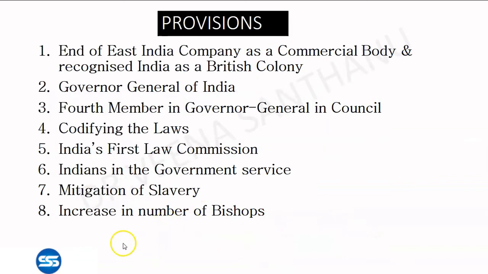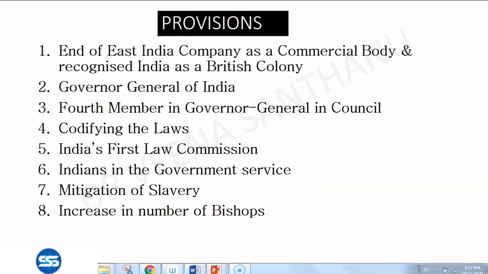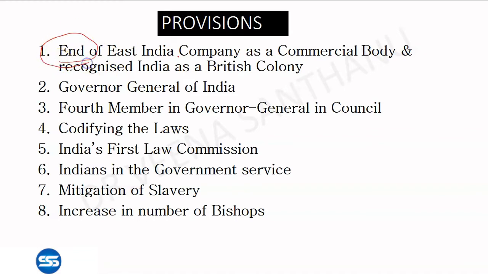So what are the provisions of this act? There are so many provisions under this act. The main provisions are: end of East India Company as a commercial body, and recognition of India as a British colony. This is very important. Then some changes regarding Governor General of India: you already know there was Governor of Bengal, then Governor General of Bengal, now it's Governor General of India.